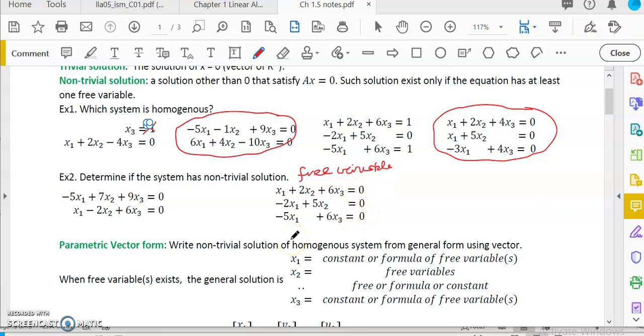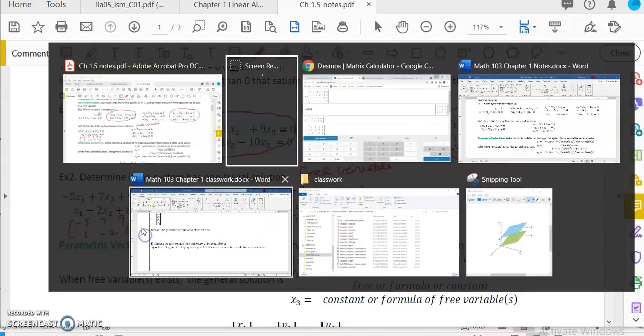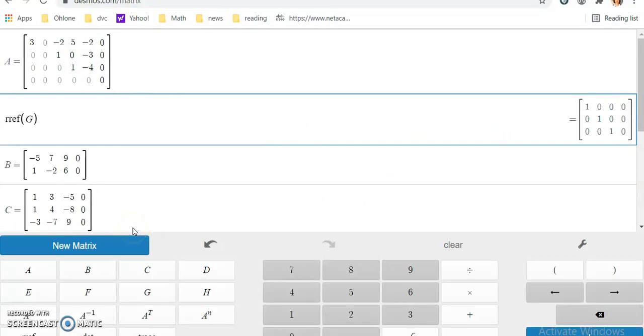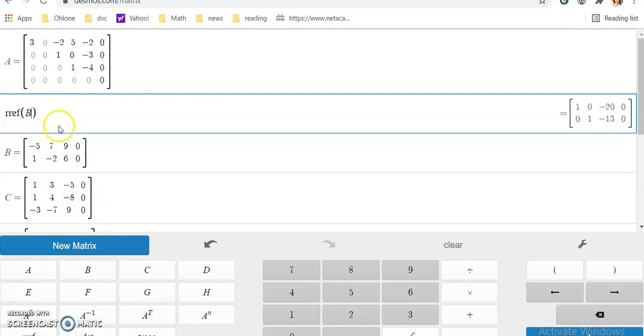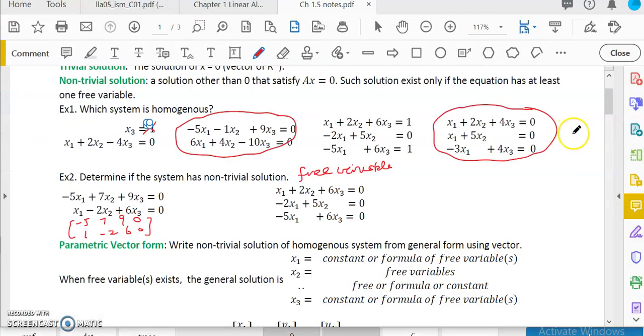So let's enter these into a reduced row echelon form. -5, 7, 9, 0, 1, -2, 6, 0. I enter it. So I'm going to do a reduced row echelon for B. And it's 1, 0, -20, 0, 0, 1, -13, 0.